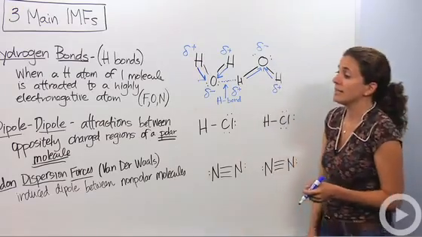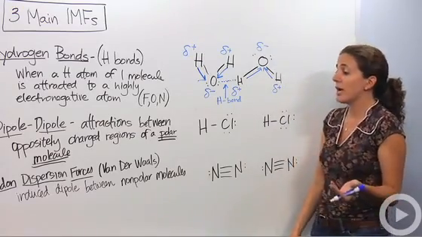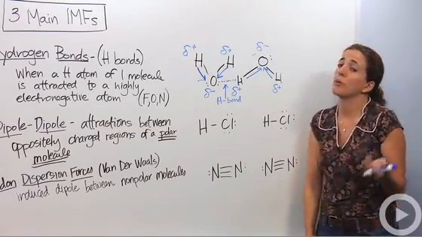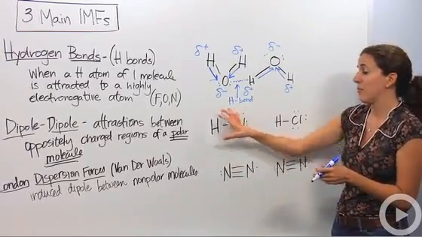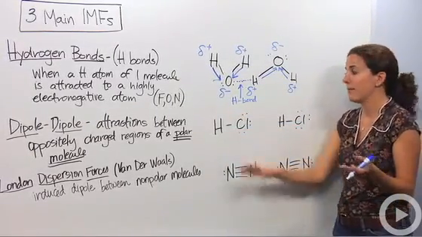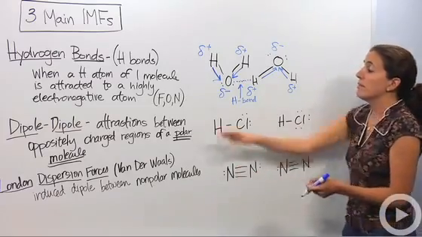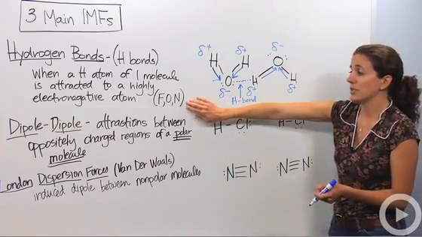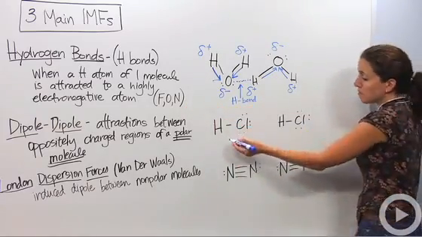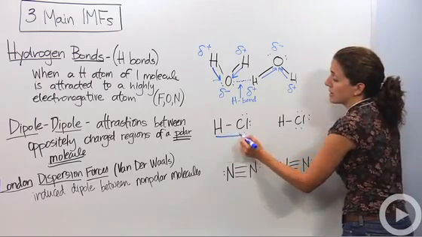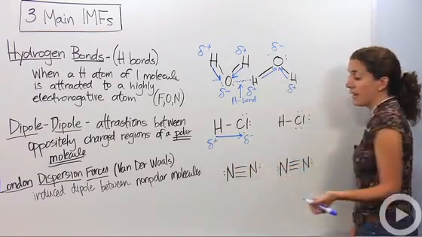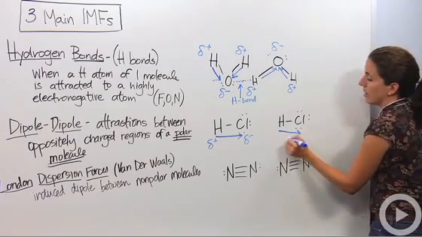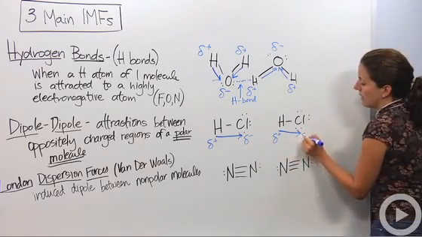Another type of IMF is dipole-dipole. This is the attraction between oppositely charged regions of polar molecules. Don't forget, in a polar bond, we have a highly electronegative atom bonded to another atom. Not as electronegative as fluorine, oxygen, and nitrogen, but pretty close. So electrons here are going to flow towards the chlorine, making this positive and this negative.